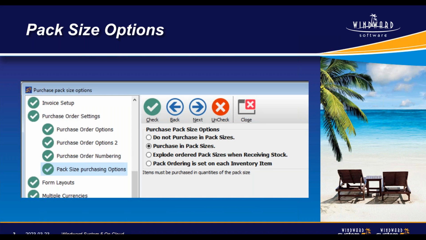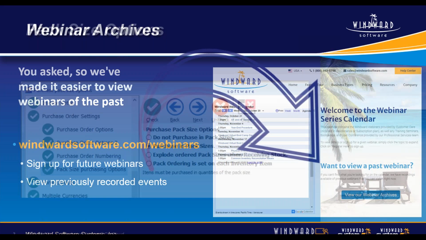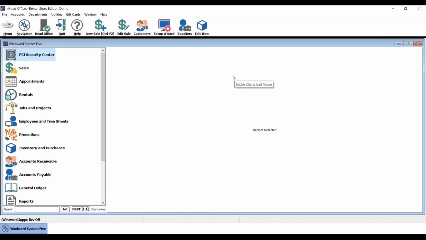In here we have 4 options: do not purchase in pack sizes, purchase in pack sizes, explode ordered pack sizes when receiving stock, and pack ordering is set on each inventory record. We will go through each one of them in detail later on. I'm just going to pull up my demo here. Okay, here's my demo.